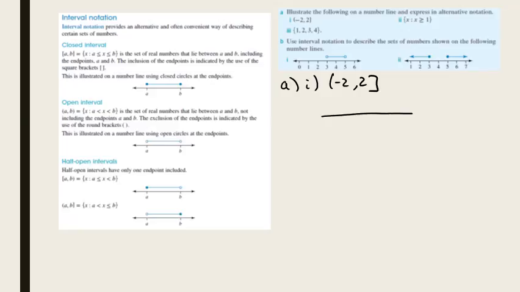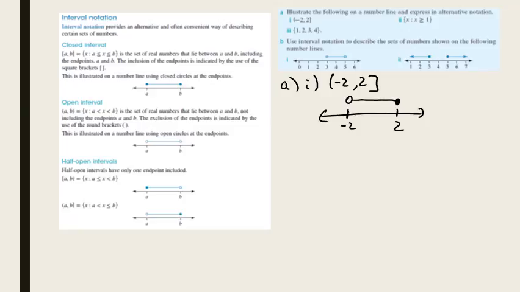So what's the number line? So we have -2, 2. 2 has a square bracket, so it's a closed circle. -2 has an open bracket, a circular bracket, so it's an open circle.